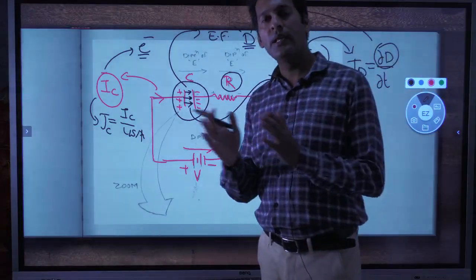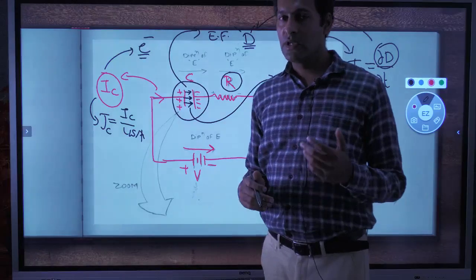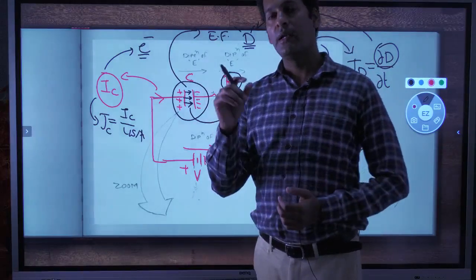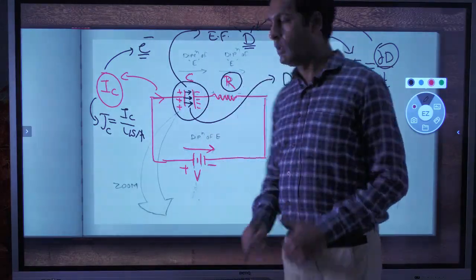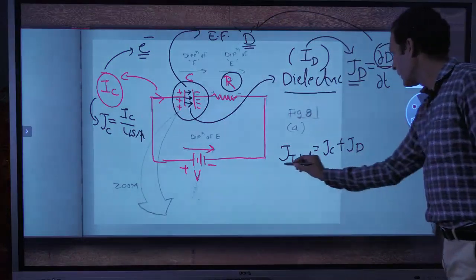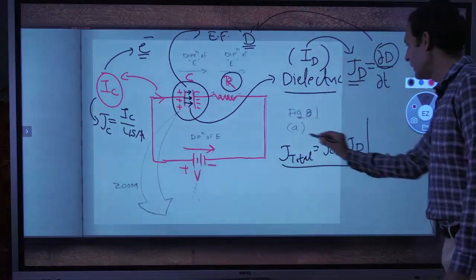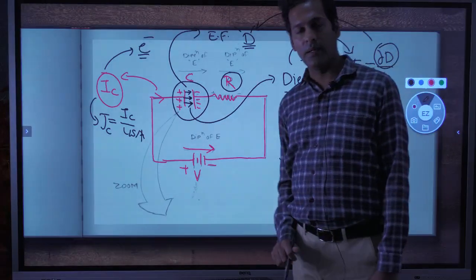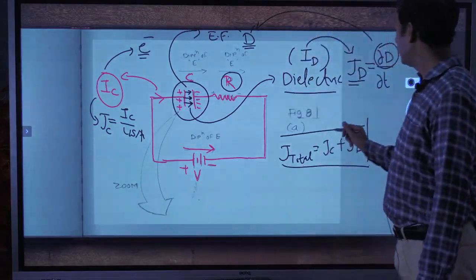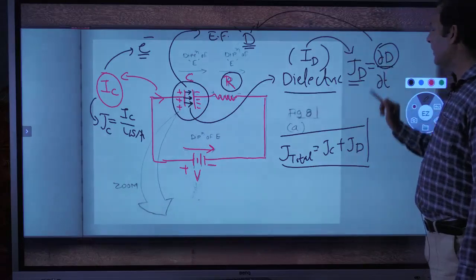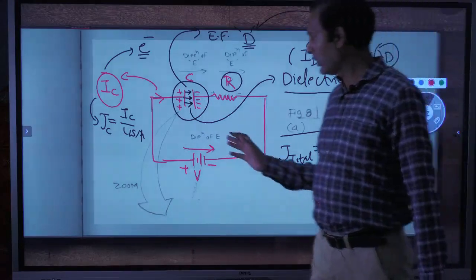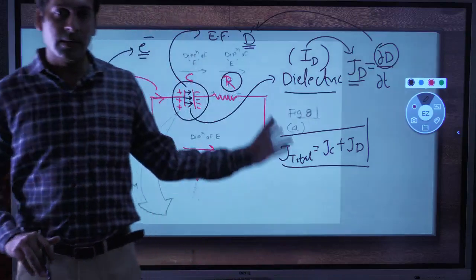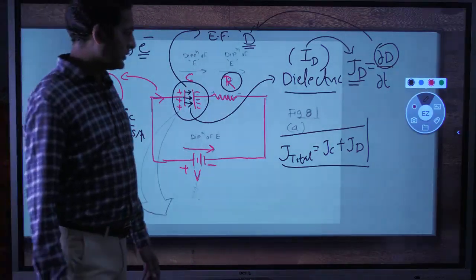These are only lines; we cannot see them or feel them, and they do not have mass like electrons. So this is nothing but JC plus JD. This is the concept of displacement current; the displacement current density JD is given by dou D by dou t. Now we will see its relevance in Maxwell's fourth equation.